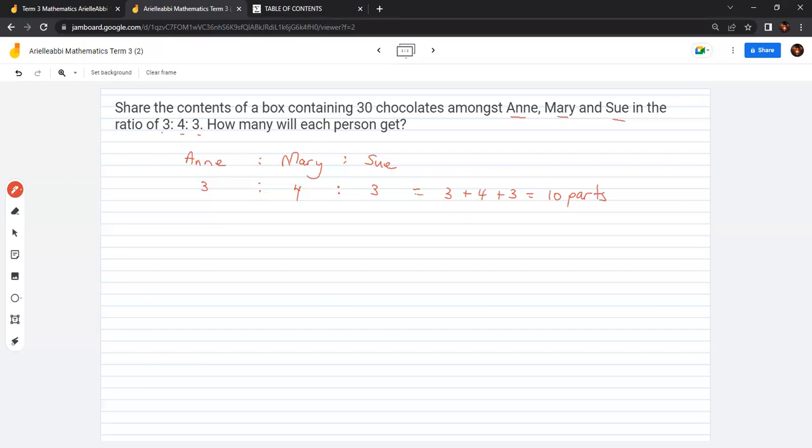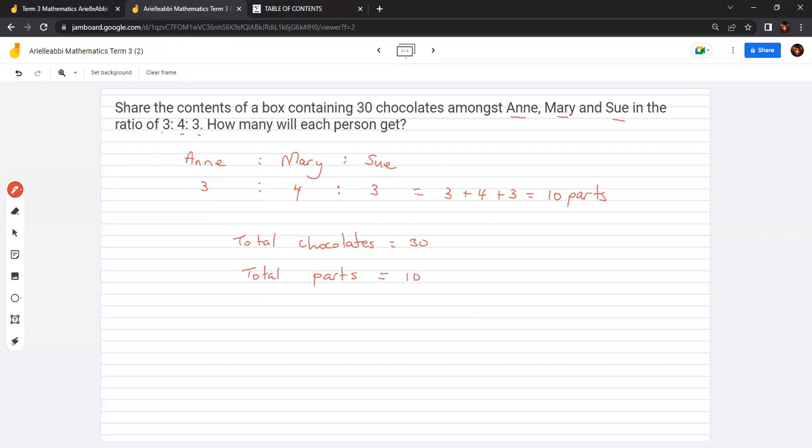Now I know the total chocolates. That's the information they gave me. The total chocolates will be 30, and I know the total parts. The total parts would have been 10 parts.